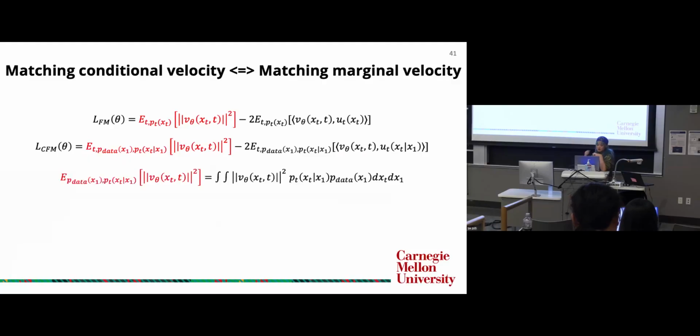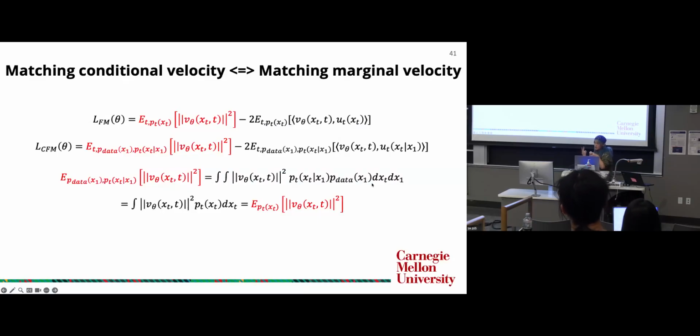If you look at the conditional flow matching equation here, you can decompose it into two integrals. If you swap the order of the integration, swapping the dx1 term inside, you're going to get the first term of the first equation back. All right, this part is clear.